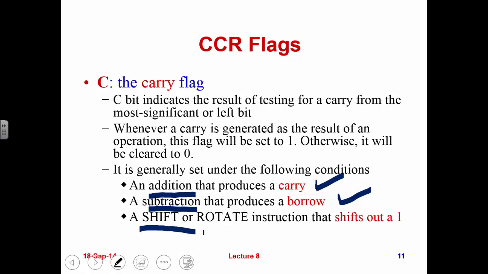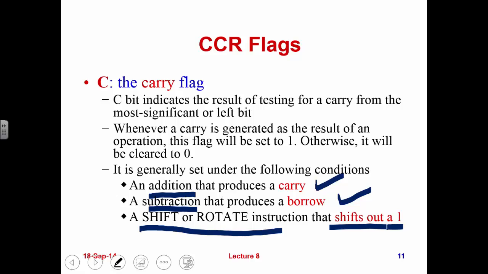So remember the shift and rotation instructions we learned in the first category, and I even mentioned them at the beginning of today's lecture. If a bit is shifted out or rotated out, and it's 1, in general this bit also goes to the carry bit. That makes the carry bit 1.